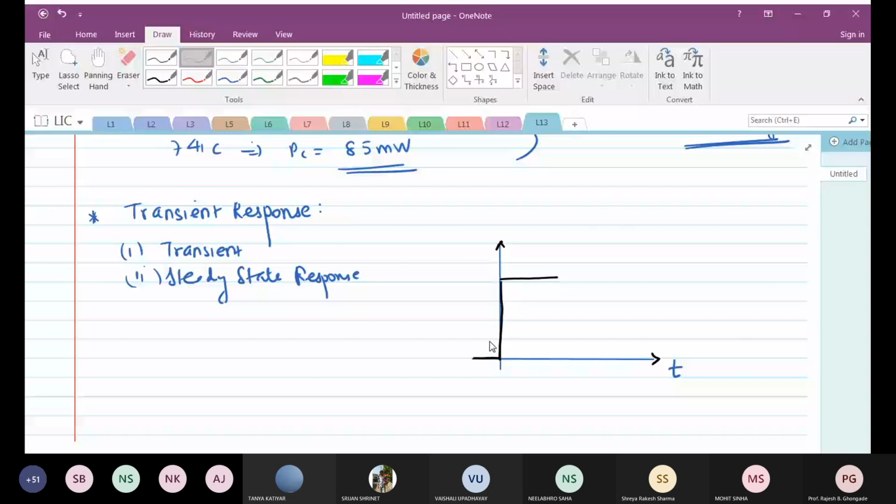Any system, as a matter of fact, will have a response like this. It will start here, and then up to this part I can say it is the transient response. And this is the steady state response.